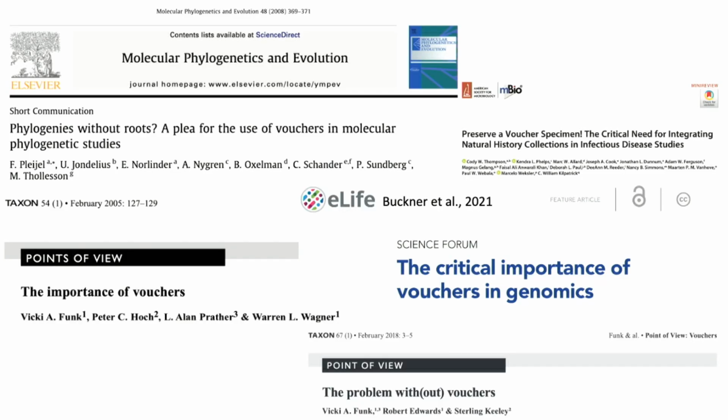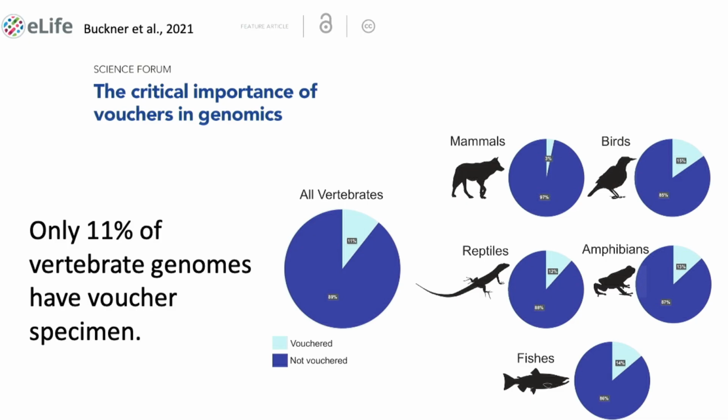There's been many papers stressing this, the critical importance of vouchers in different fields, and notably in genomics. I will show you one example of an article where they looked at the percentage of genomes that were tied to an actual voucher specimen deposited in a museum or an institution.